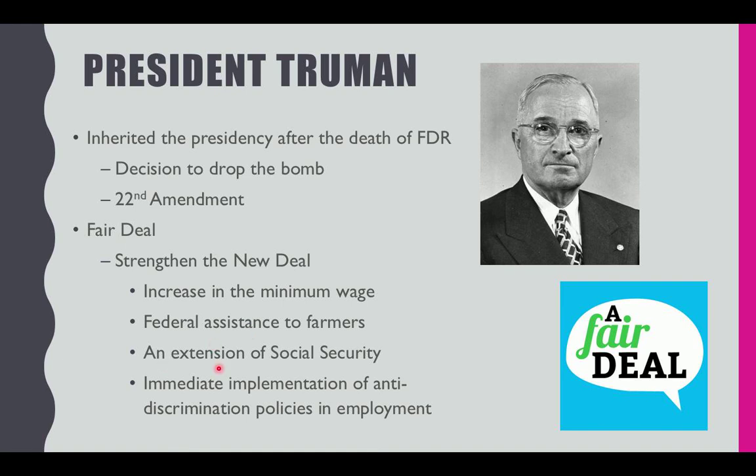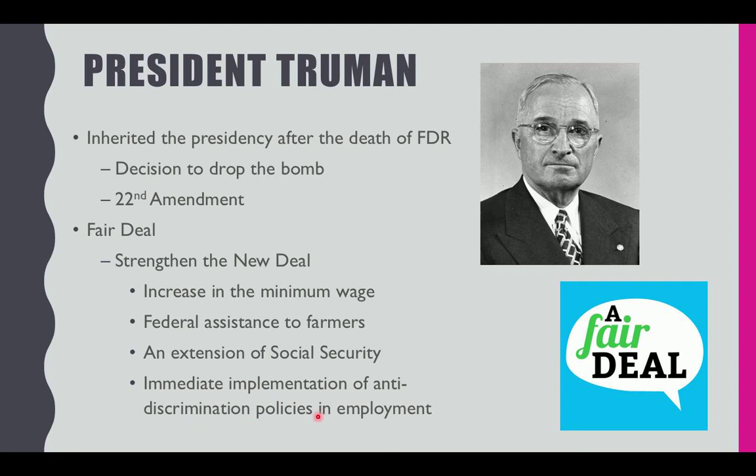He's going to grant an extension for Social Security, that agreement between generations where the elderly can retire with some kind of a retirement plan, which they earn from working in the years that they pay into it. There's also going to be an immediate implementation of anti-discrimination policies in employment.